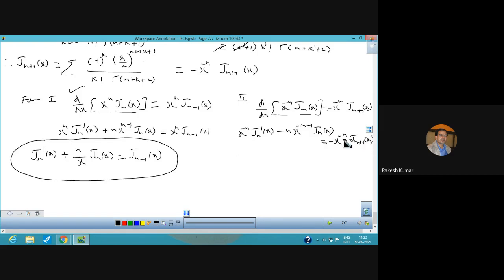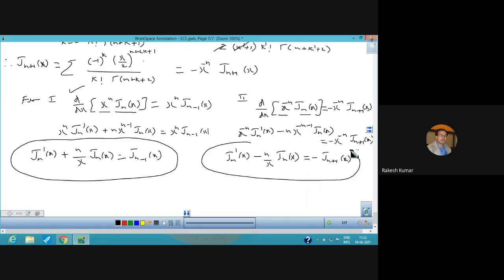So this is another derivative. Dividing throughout by x raised to power minus n, you will have Jn dash x minus n over x Jnx, and on the right hand side you will have negative Jn plus 1x. Now this is the formula.